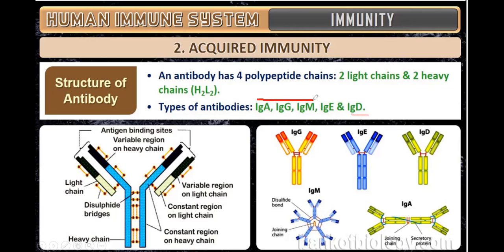So 3 plus 2, 5 different types of antibodies are there. This is immunoglobulin G, this is immunoglobulin E, this is immunoglobulin D, this is M, and this is A.